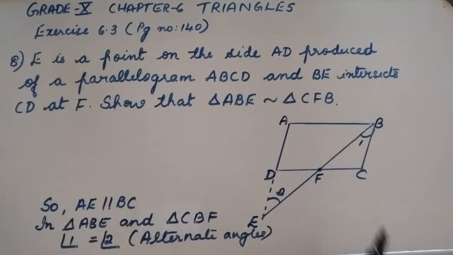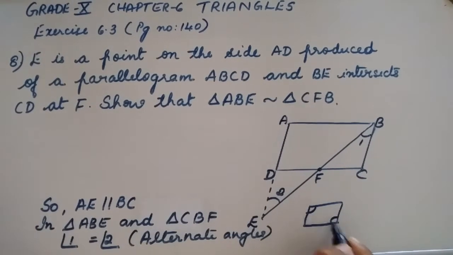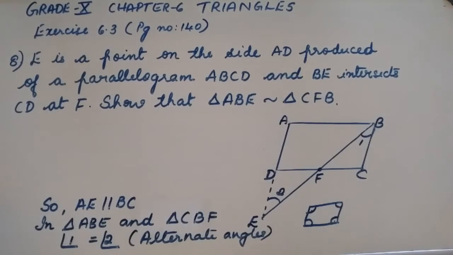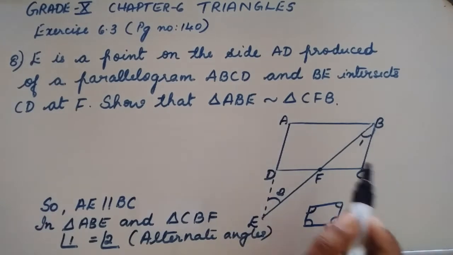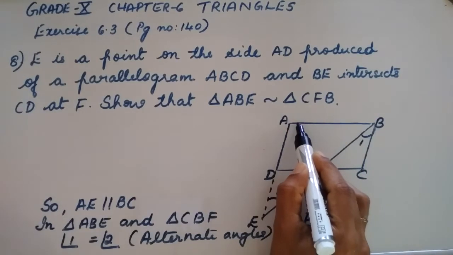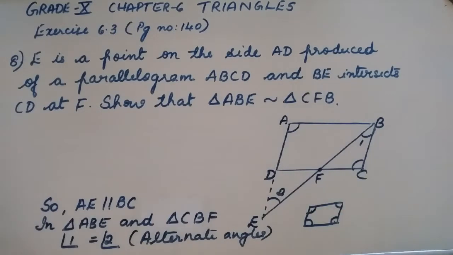So we know that in a parallelogram, the opposite angles, this angle and this angle, this angle and this angle are equal. The opposite angles are equal. So now look at this figure. Here in the parallelogram, we have angle A equals angle C. So we got angle 1 is equal to angle 2, the alternate angles.